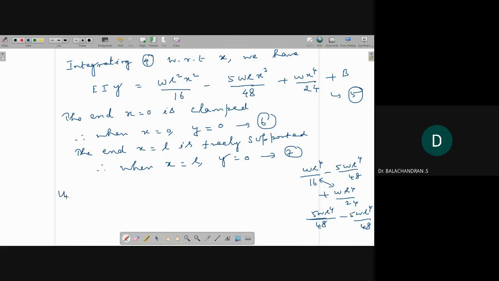So using 6 or 7 in 5, we get B equal to 0.